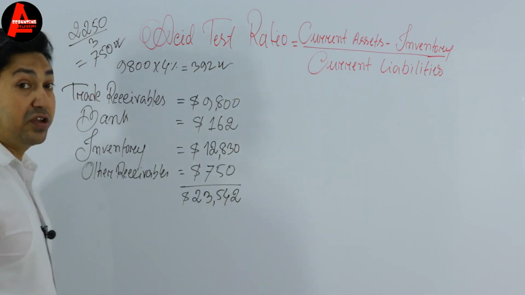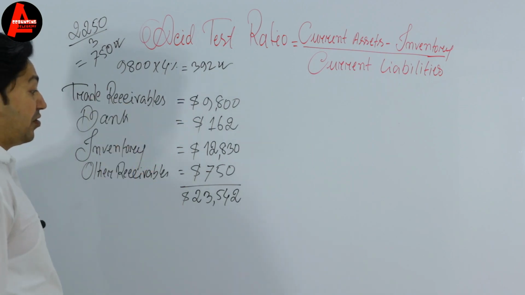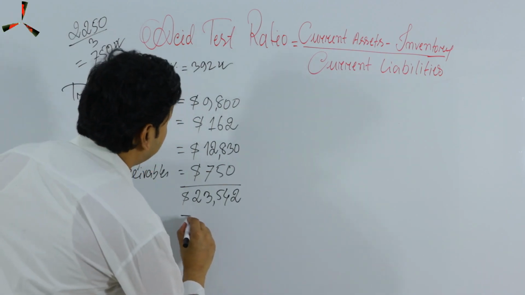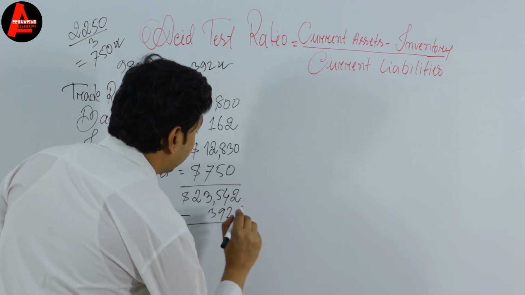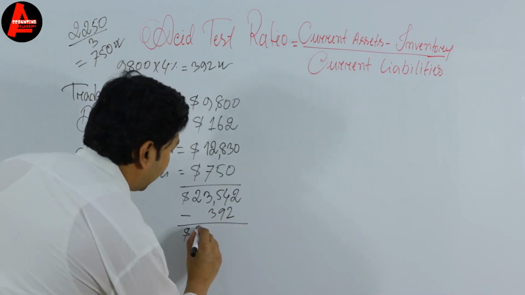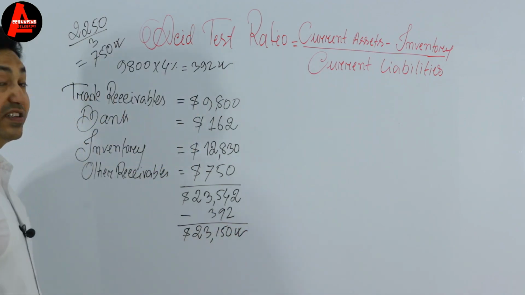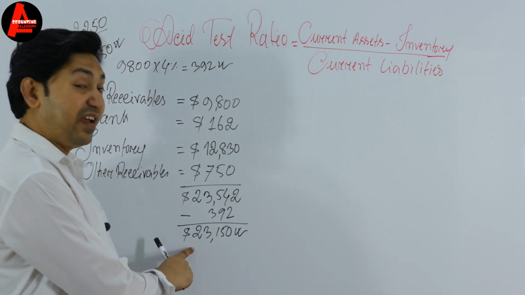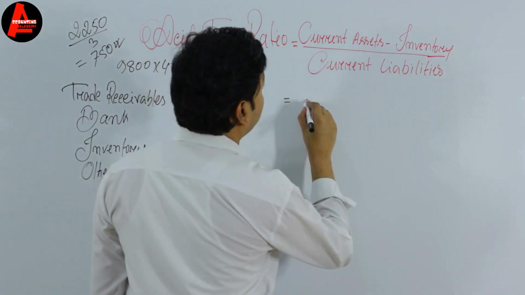This amount you need to subtract from the trade receivable. So let us minus this amount, 392. So we get here now $23,150. This is our net current asset.